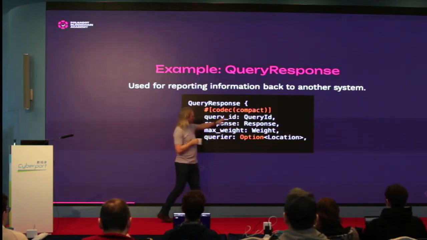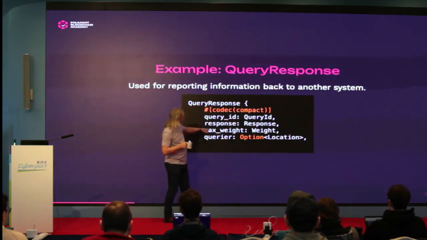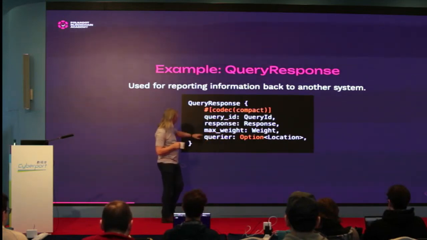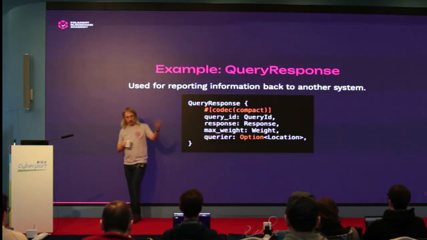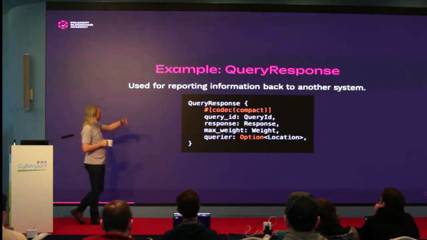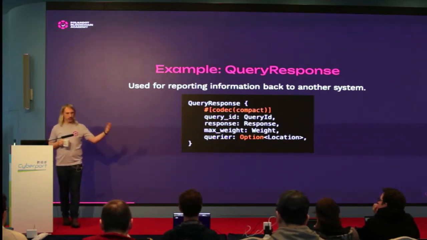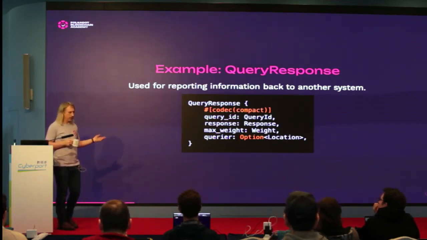The query ID, so it knows which query it's replying to. There's a few extra bits. The querier, so it knows who it received the query from. And it fires off the query response back to where it thinks the sender is, back to the sender from its point of view.